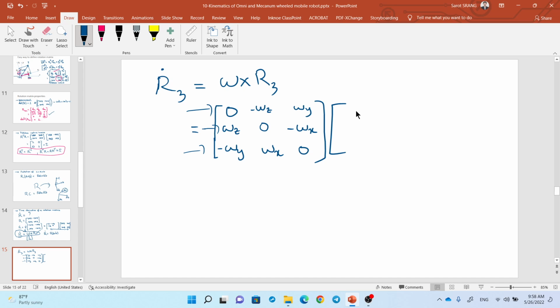And times the rotation matrix: cosine psi, sine psi, 0, minus sine psi, cosine psi, 0, 0 0 1.